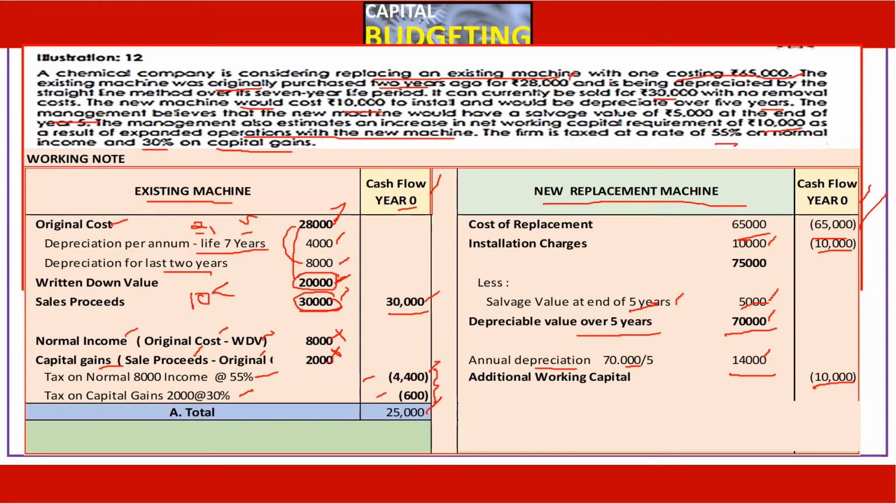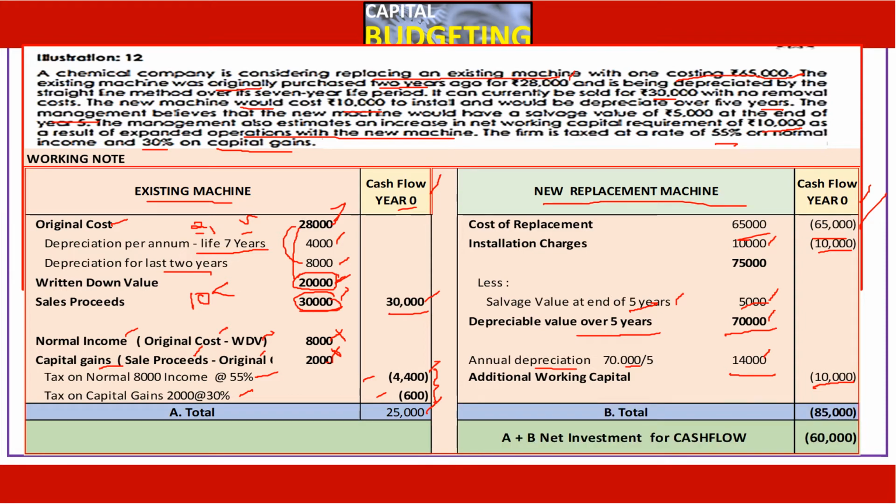And coming to the replacement machine, we have paid 65,000. There is an installation charge of 10,000 and additional working capital of 10,000. And we have spent 65 plus 10 plus 10, 85,000. Outflow of 85,000 for a new replacement machine. Whereas for the existing machine, when we sell it, we receive 25,000.